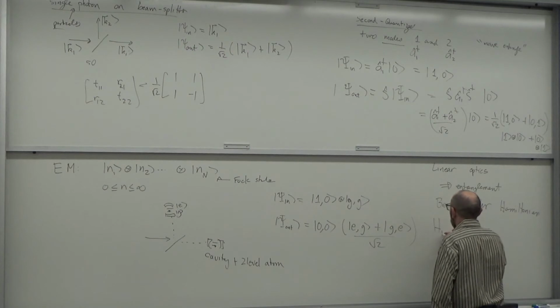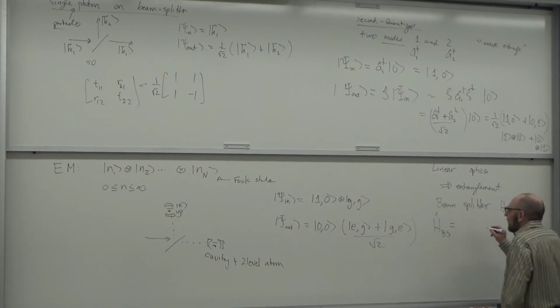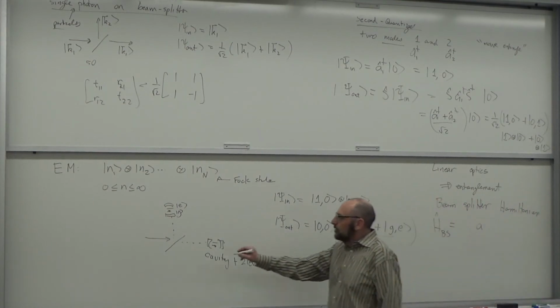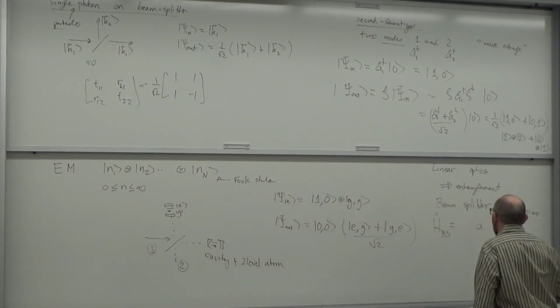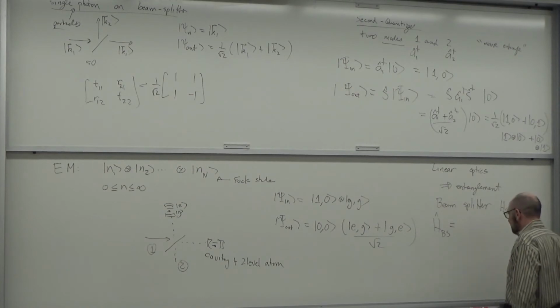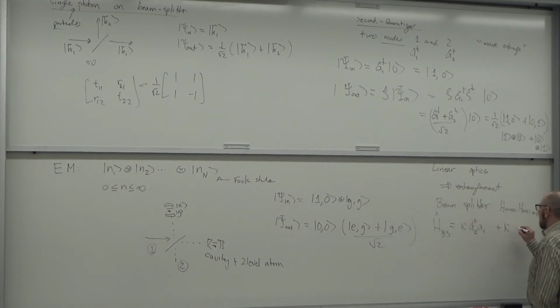So my beam splitter, the old BS Hamiltonian, if I call these two modes 1 and 2, I annihilate a photon in mode 1 and create it in mode 2 with some amplitude, and I have the Hermitian conjugate, annihilating mode 2 and creating mode 1. In this case, the amplitude is such that when you exponentiate it, right?